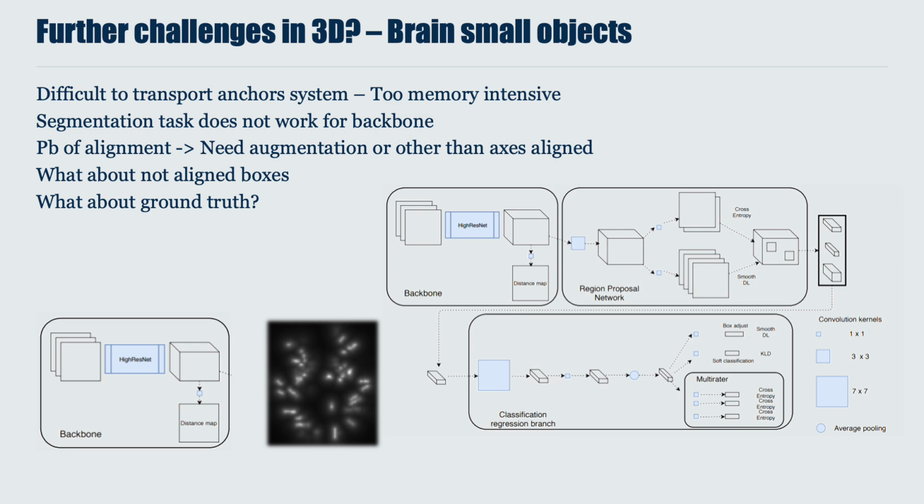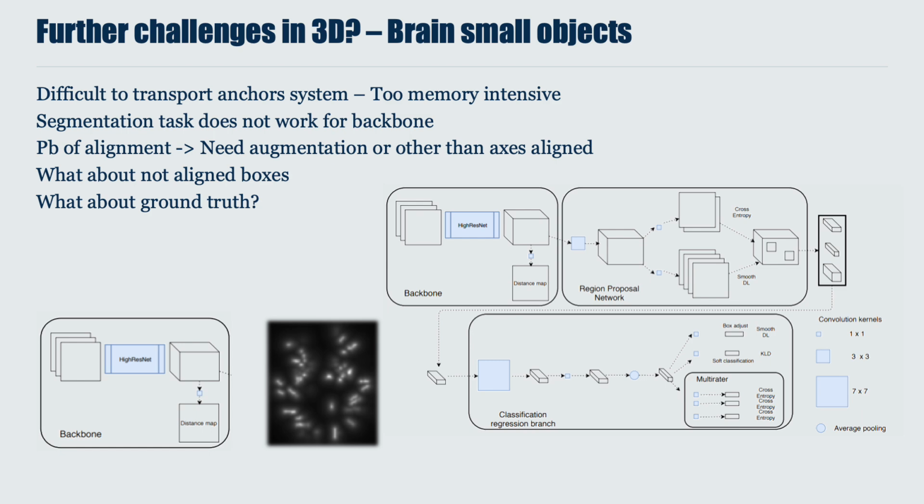In 3D, the main issue is that you cannot really transport easily the anchor system because it's way too memory intensive. And also because for the backbone, doing just a segmentation task wouldn't work, so you need something else.